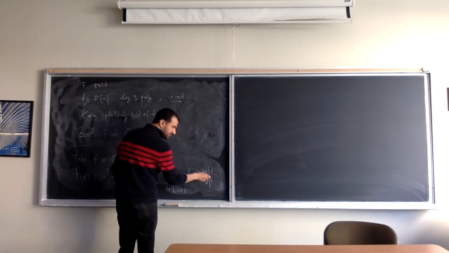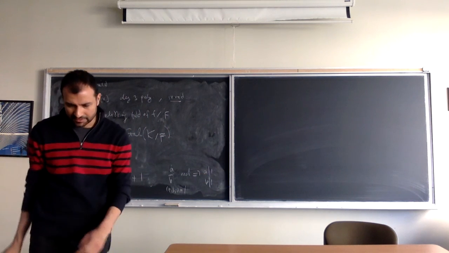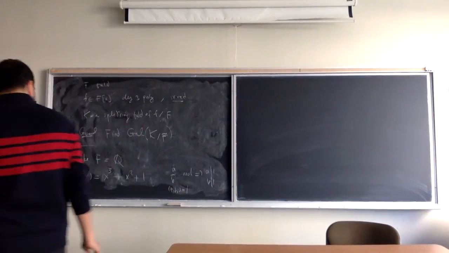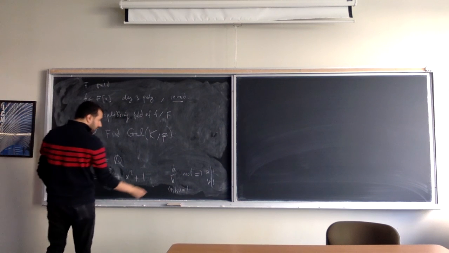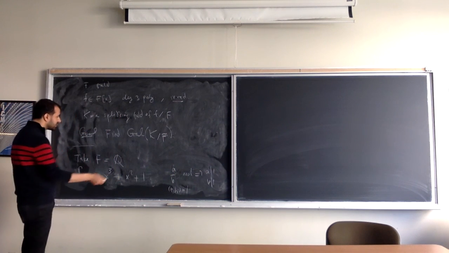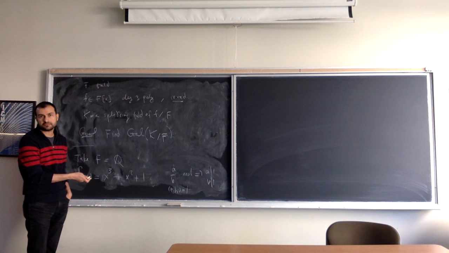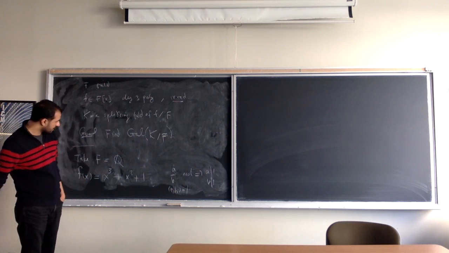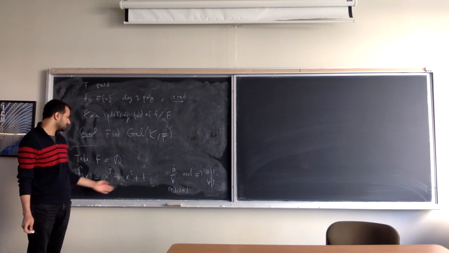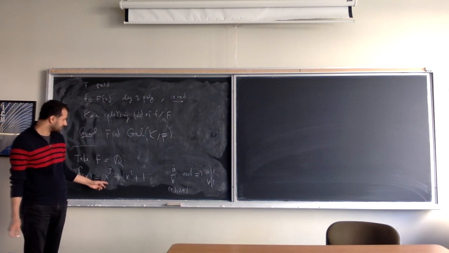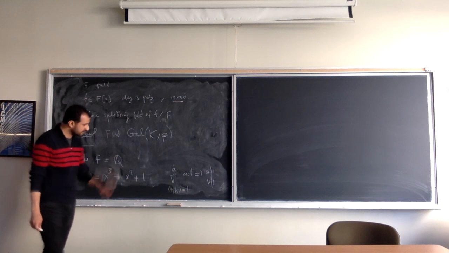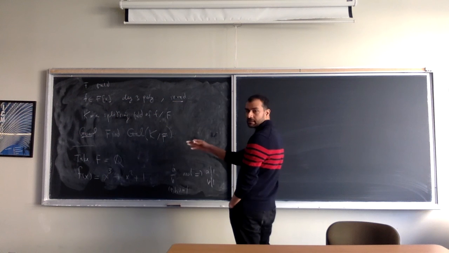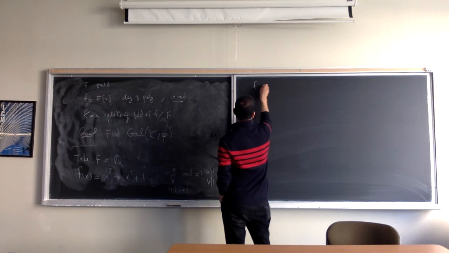I think you've seen this result, maybe exercise 61 or 60-something from Dummit and Foote. Because of that, we only have to check 1 and minus 1 to see if this guy has a root in Q or not. Well, 1 is clearly not a root, and the same with minus 1: minus 1 plus 1 is 0, and then you're left with a 1. So no rational roots, so it is actually irreducible over Q.